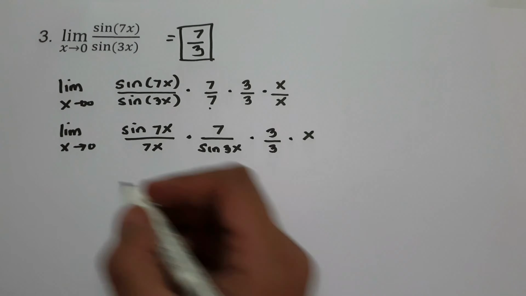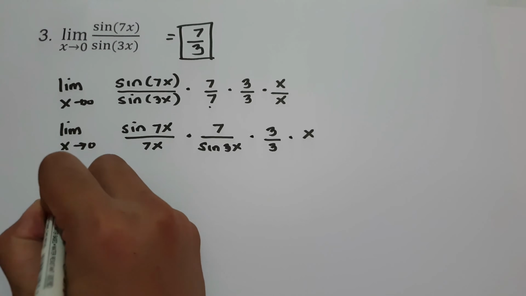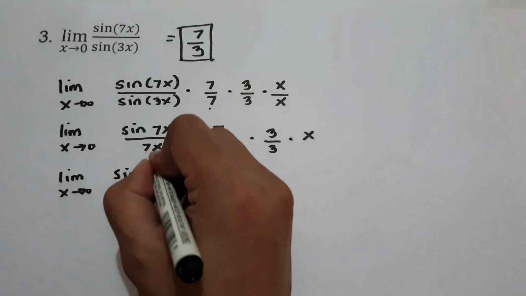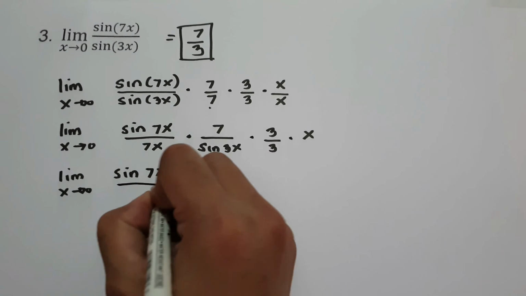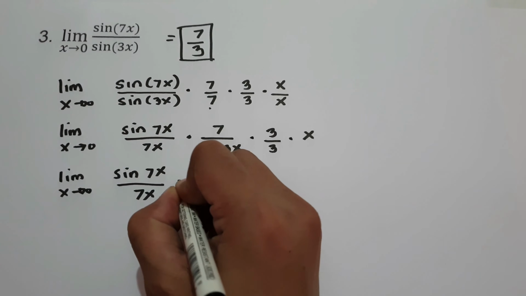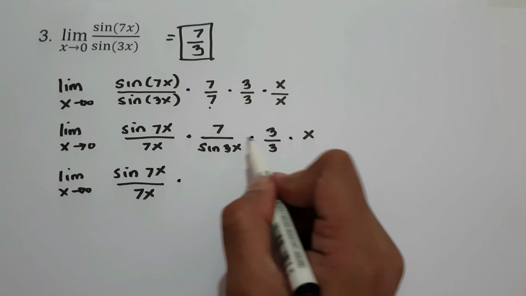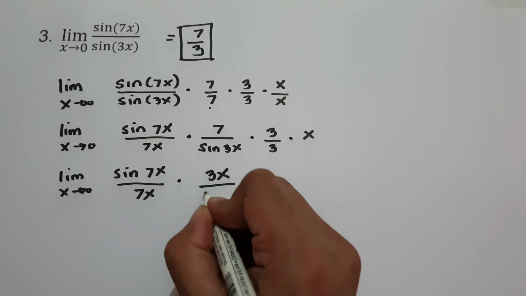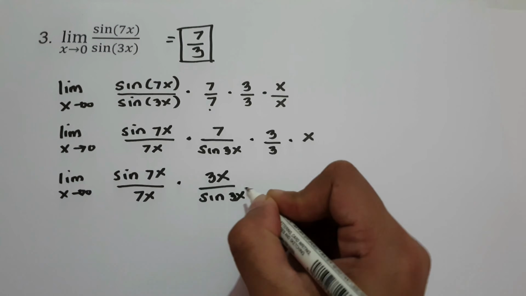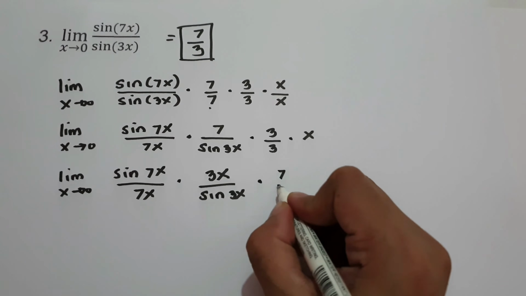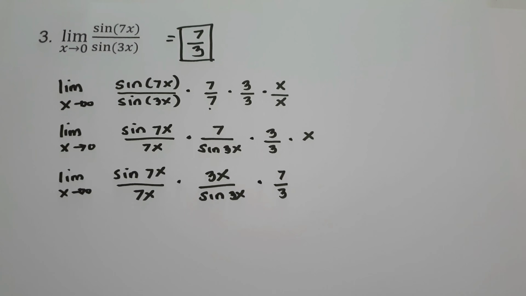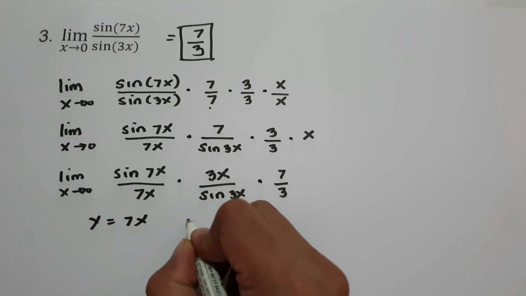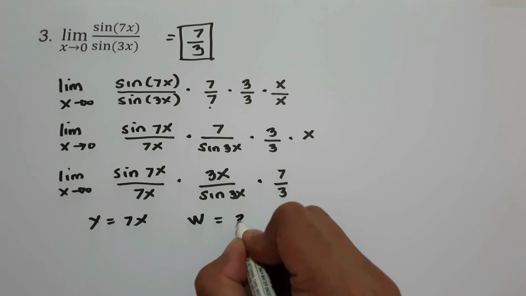Then let's have the limit as x approaches 0 of sine 7x over 7x. Then for the denominator, that is 3x over sine 3x multiplied by 7 over 3. So let us represent y as 7x and w as 3x.